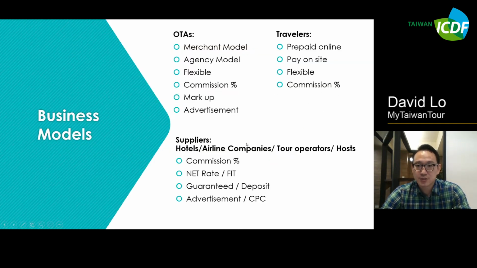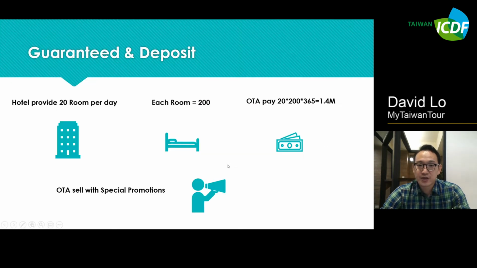Then next, guarantee and deposit. The guarantee or deposit belongs to the suppliers, the hotels. This is an amount of money that is paid by OTAs to suppliers. For example, if I'm a hotel and I talk to one of the OTAs, they want to do special promotions with us. So I provide 20 rooms per day to them as a guarantee.